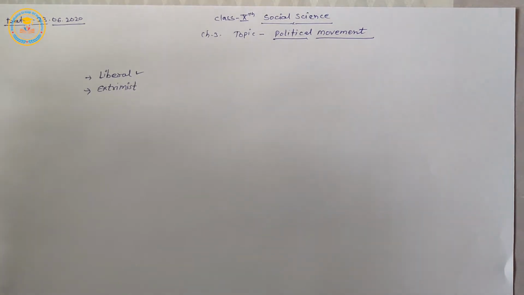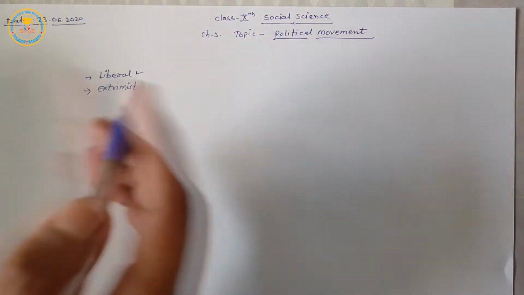In 1874 AD, an article was written with the heading Swaraj for India.